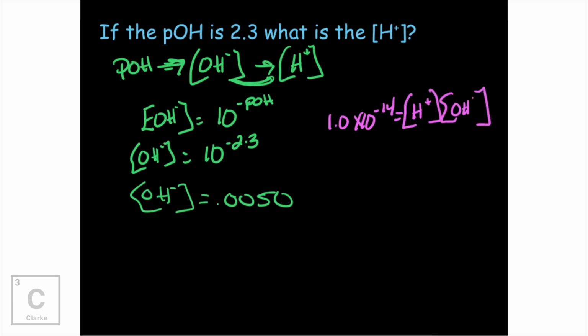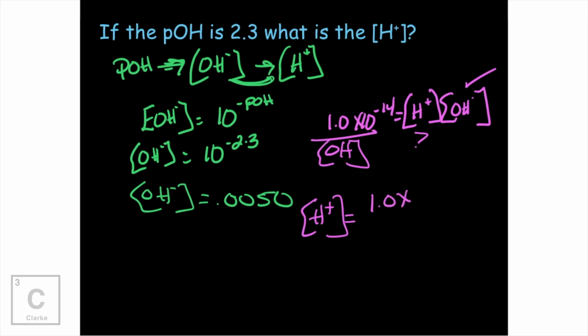Now, if we were to look back at the formula sheet, I've already got that arranged for us. That's the formula it originally came from. So we have this, we're solving for that. So if we want to get OH to the other side, we would divide by the concentration of OH here. And so we've got the concentration of the hydrogen ion equals 1 times 10 to the negative 14, divided by the concentration of OH, which is 0.0050.